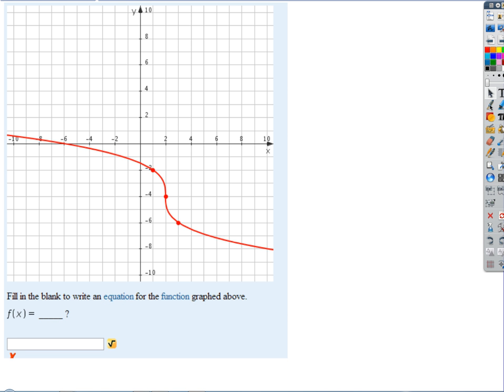Now, where's my special point? Right there in the middle. So (h, k) equals what? 2, -4. Now we've got to find a, right? So we go 1 to the right and, in this case, down 2, so that's -2.